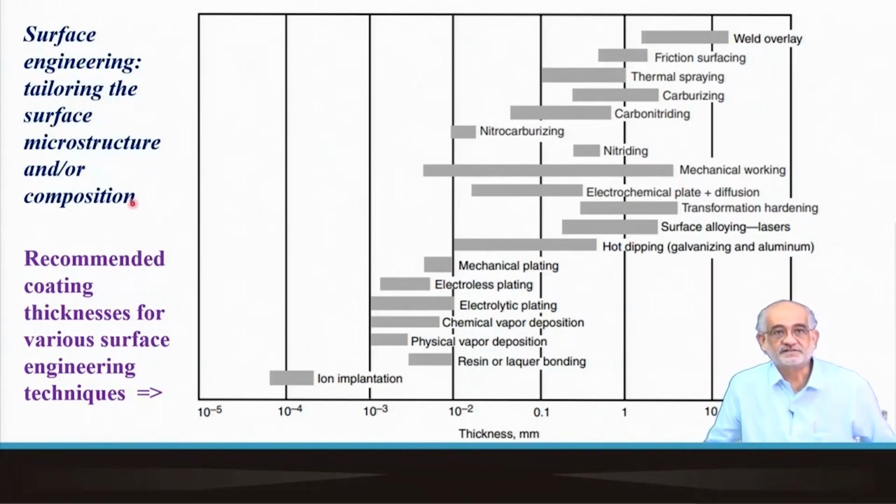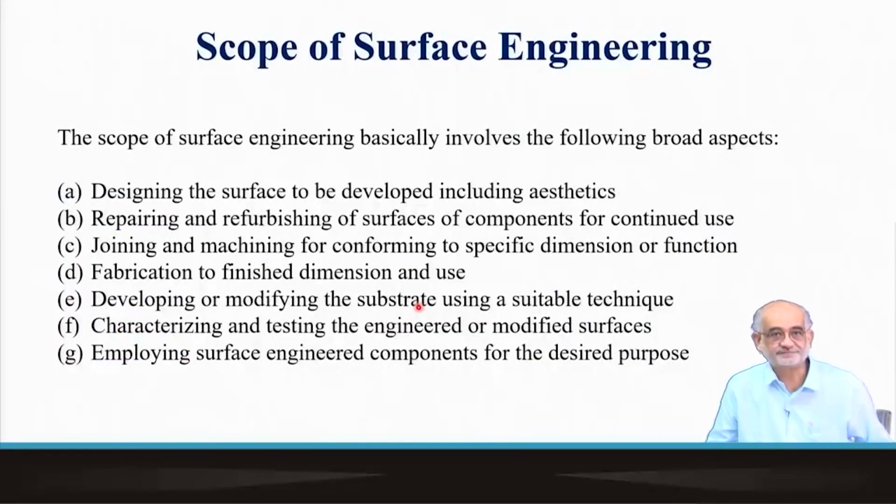So this is what surface engineering is, and it can allow various forms of coatings or surface modification of layers, and these are variable over such a wide thickness range. We all are aware that we want to do surface engineering for designing the surface for various aesthetic purposes, for repairing and refurbishing.